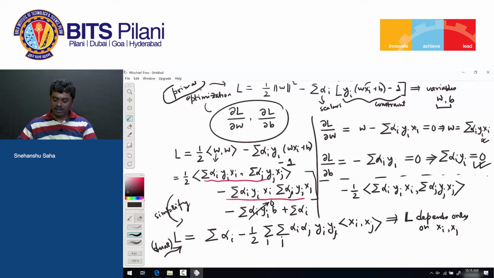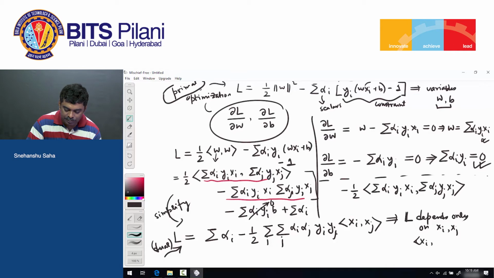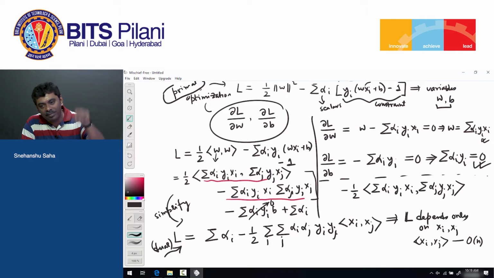The computational complexity is of the order of n. So what seemed to be an extremely difficult optimization problem just boils down to computing the inner products. Assuming that the classes are linearly separable, we are able to write the SVM two-class classification problem as an optimization problem, and it simply boils down to computing just the inner products.